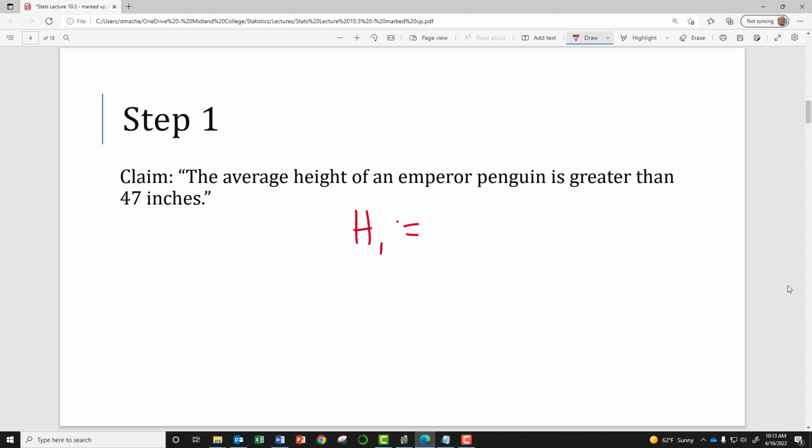So my alternative hypothesis is going to be that this population mean, mu, is greater than mu naught, where mu naught is going to be 47 inches. And then my null hypothesis is just going to be the converse. It's going to be that mu is less than or equal to mu naught. Hopefully that checks out.